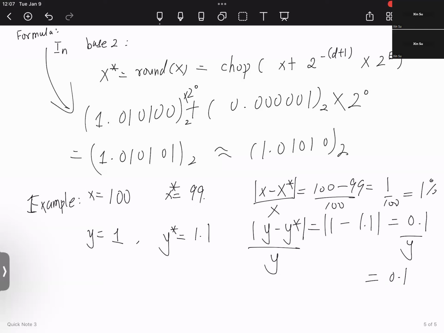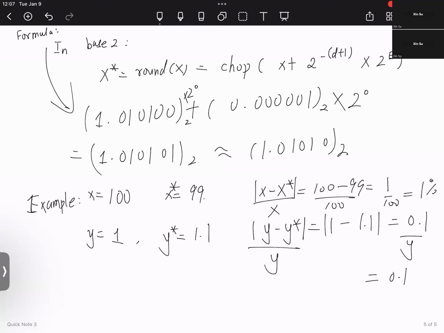Absolute error means that we take the absolute value of the difference. A lot of the time, we need to focus on the absolute error divided by the exact value, and we call this the relative error, which is the percentage of the exact value.